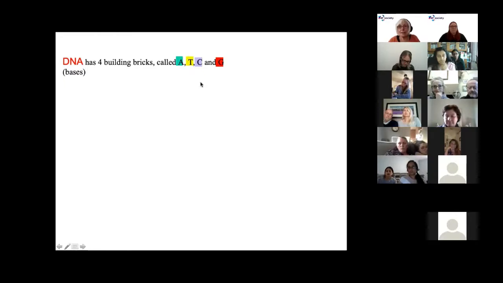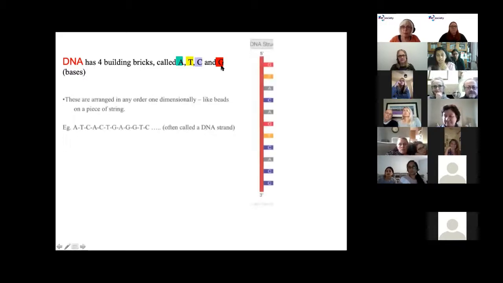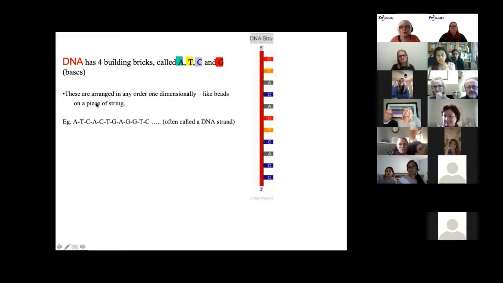And amazingly, it's only built up of 4 building blocks. These are A, T, C, G, and I'm not going to tell you the names, you needn't worry about that. And we can think of them as colours: green, yellow, blue, red. And they're called bases. But they're arranged, and you can think of it like being the beads on a piece of string.